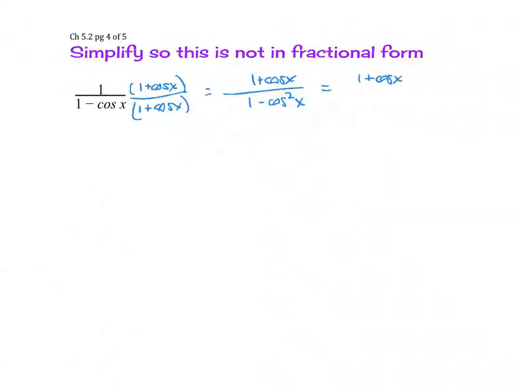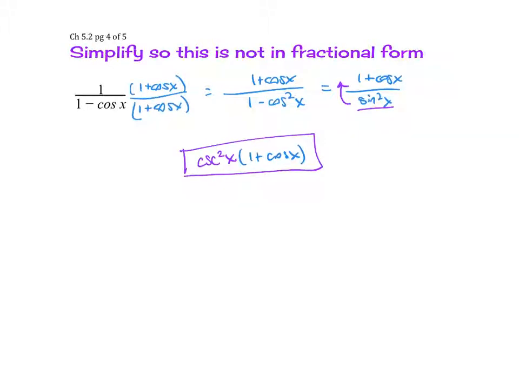So 1 minus cosine squared of x becomes sine squared of x. And one way to finish that, so it's not in fractional form, is just to move the sine squared of x to the numerator. And to do that, sine squared of x becomes cosecant squared of x, and then multiply the 1 plus cosine of x. So there's an example of converting it so it's not in fractional form.